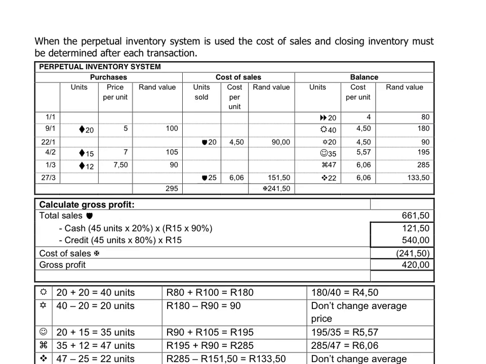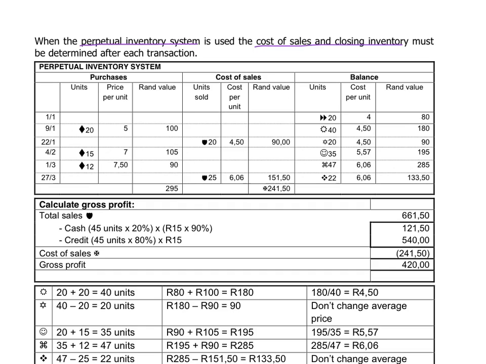We will use the same information that we used for the periodic system but now we will pay attention to the perpetual inventory system. When we use the perpetual inventory system, cost of sales and closing inventory must be determined after each transaction.